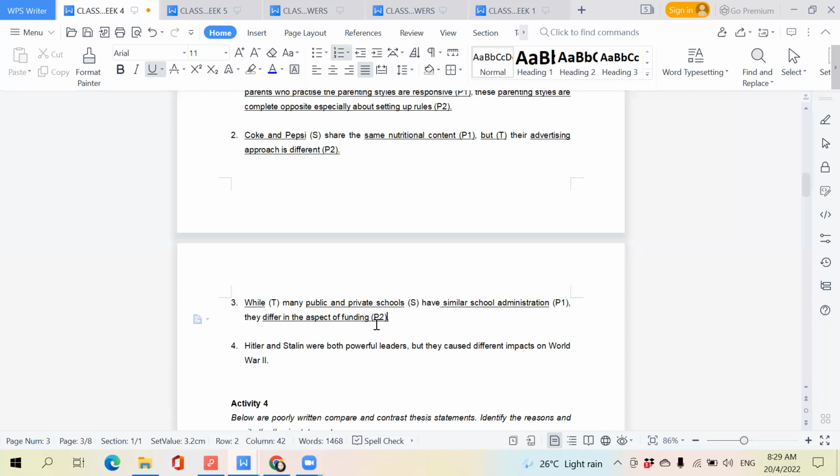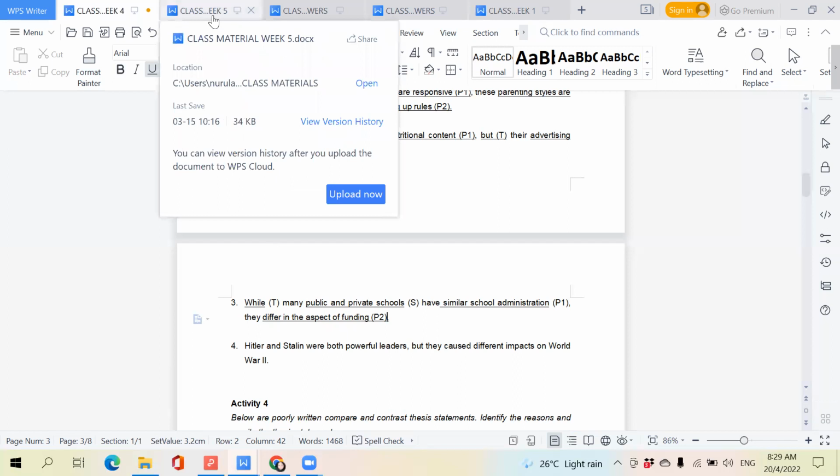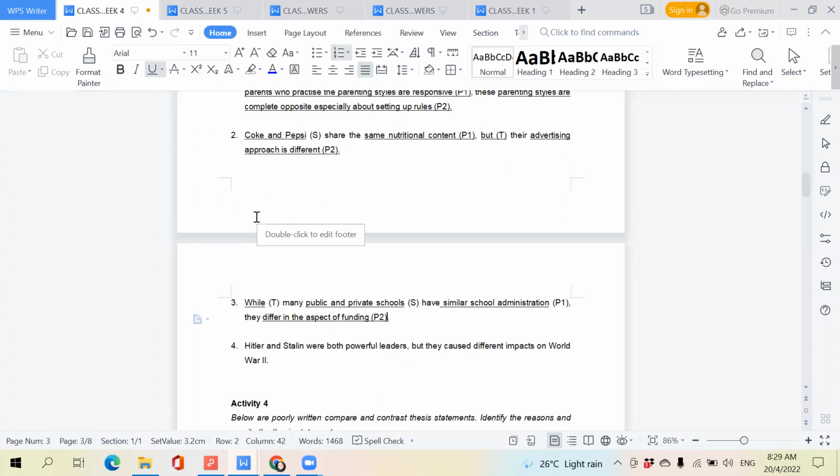All of these types of paragraph have different formatting, so please take note. Most students get this confused. They think that it's the same for all paragraphs. No, this one is only for the introductory paragraph. When we get to body paragraphs later, I will tell you more, and you have to know that there is a different format for that. You will not follow the same one for this.